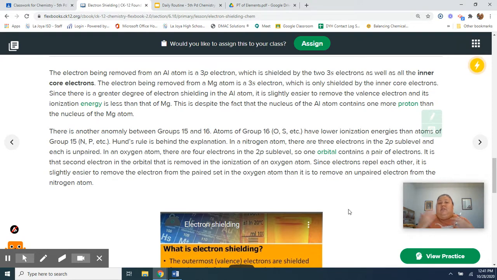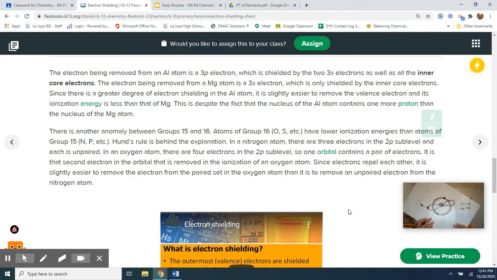All right, so now let's talk about an example. Let's go back to group 13 and group 2. Element aluminum is group 13. Element magnesium is in group 2. Now, group 13 will always have 3 valence electrons, 2 in the s orbital and 1 in the p orbital.